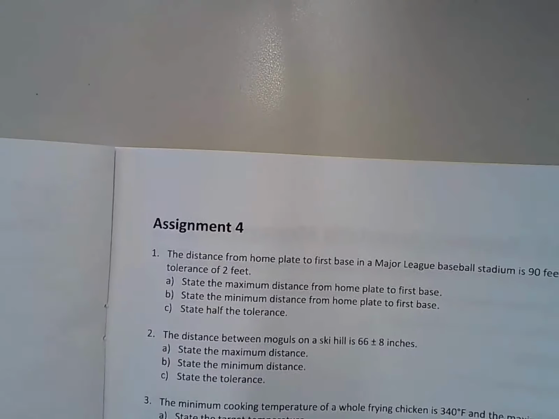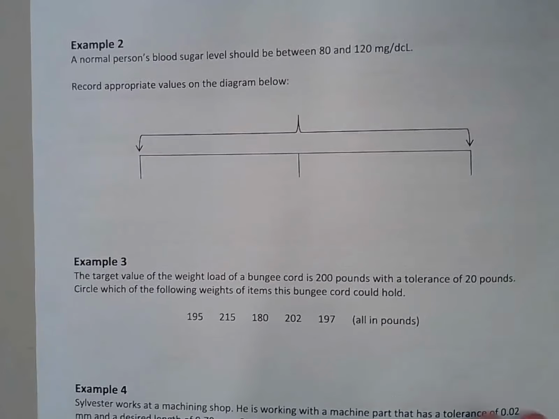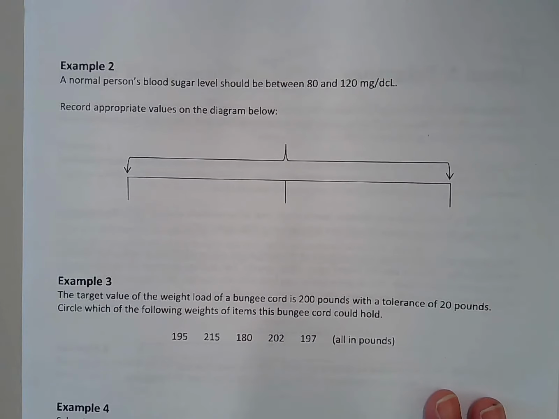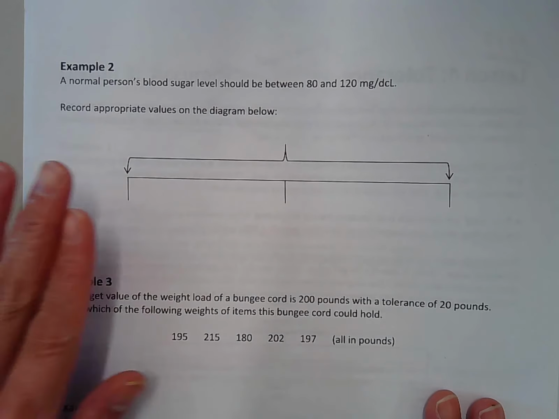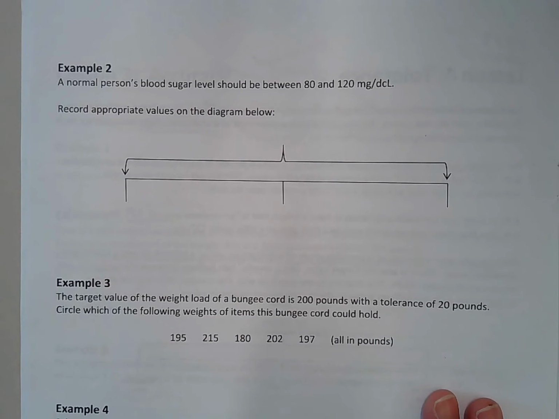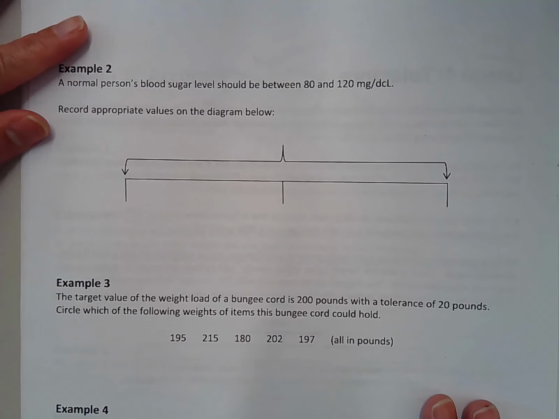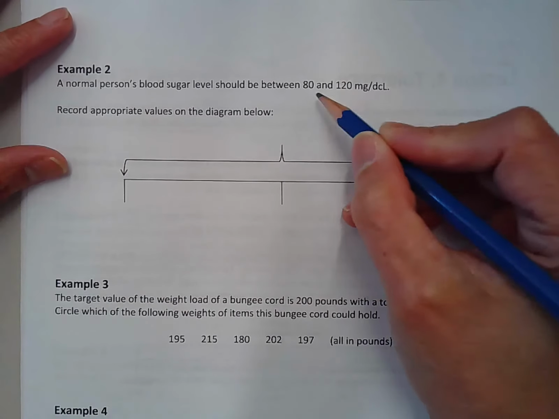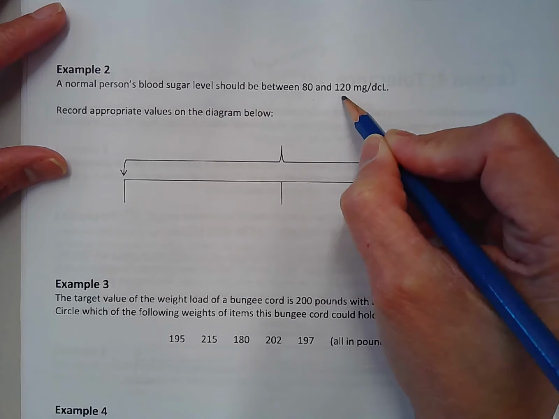Look at the next one. Example number 2. A person's blood sugar level should be between 80 and 120. What are they giving us? 80 to 120.